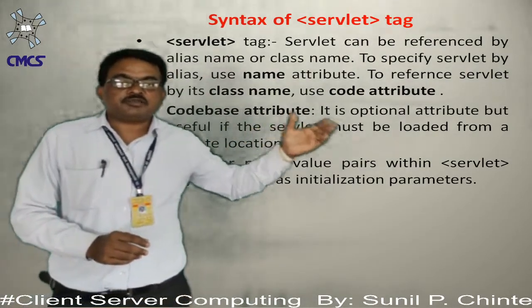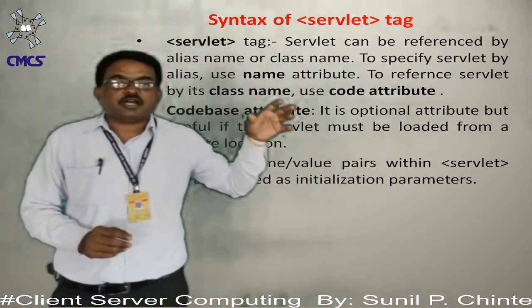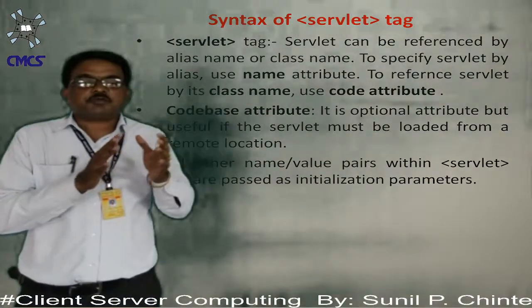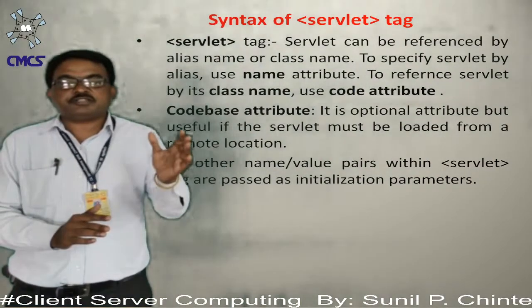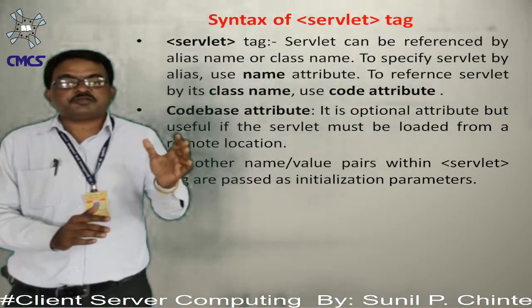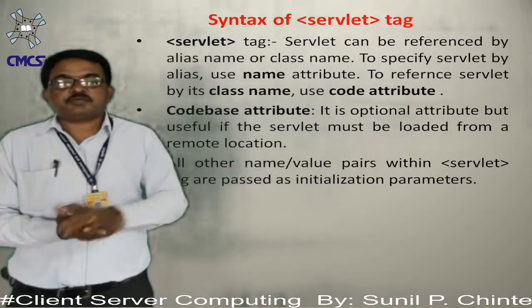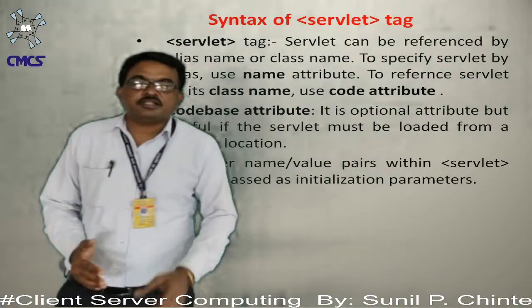It is the optional attribute. The code base attribute of the servlet is optional, but useful if the servlet must be loaded from remote locations. Okay, so this is all about the servlet tag.